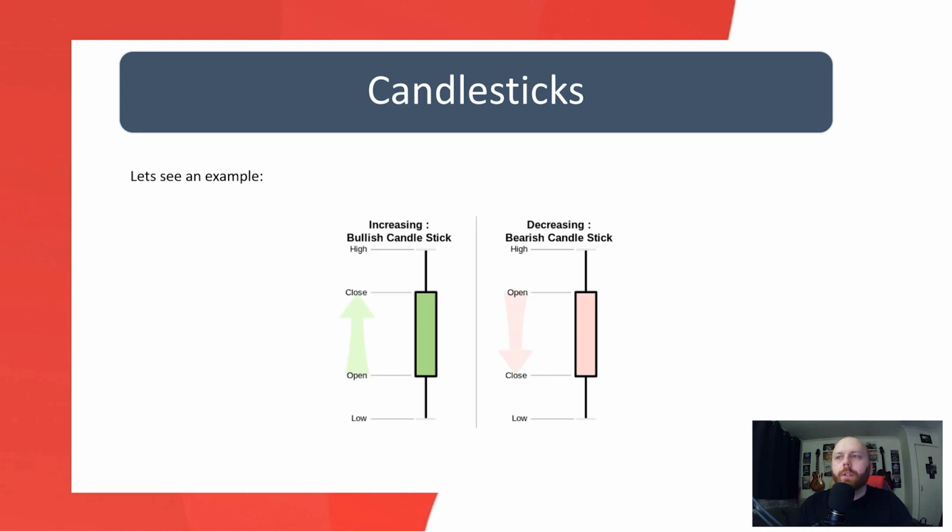Here we have two candlesticks. The first candlestick on the left is a bullish candlestick. How do you know it's bullish? Well, it's green, and usually in trading, green means bullish. On the right, we have a bearish candlestick, which we know because it's red, or I think it's a bit pink in this one, and red usually means bearish.